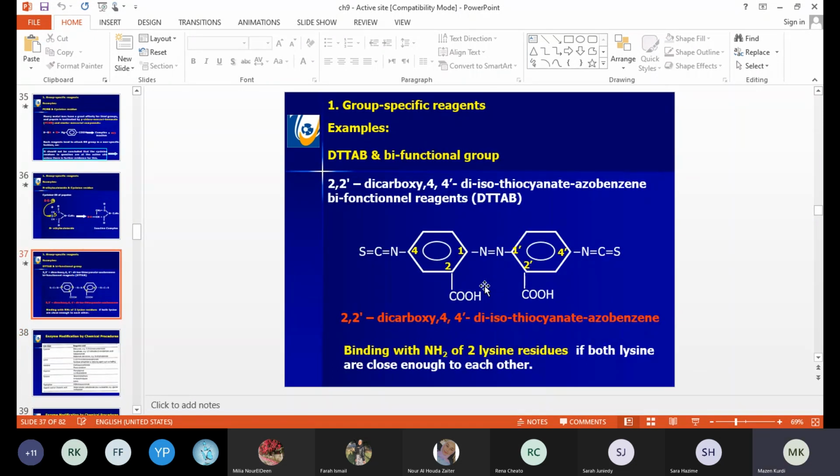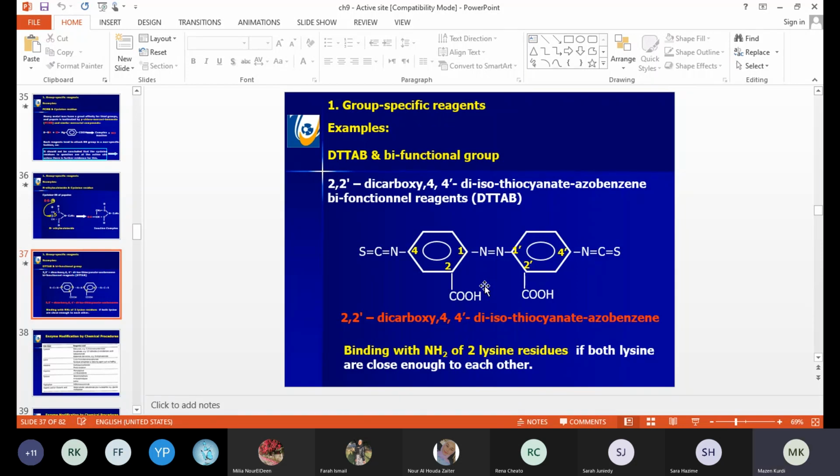Other reagents also used as group-specific reagents are DIDS-type reagents, such as dicarboxy diisothiocyanate azobenzene. It's a bifunctional reagent. Meaning bifunctional: if you look at the structure, it has a similarity in the middle. This reagent binds with the NH2 of 2 lysine residues, but for sure these 2 lysines should also be close enough.